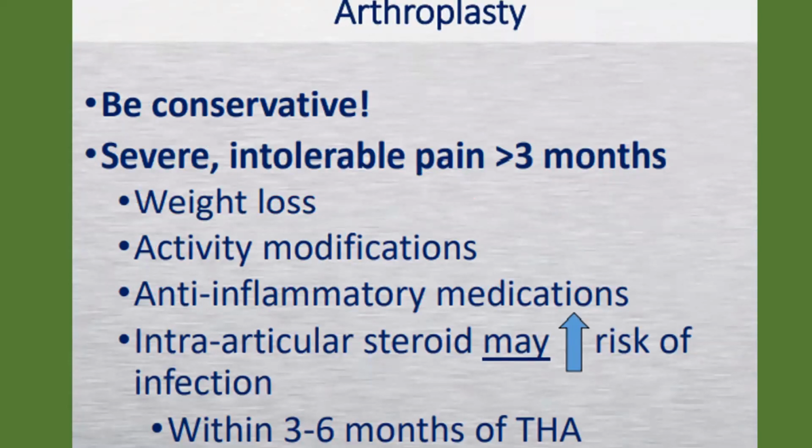Now, if you have a DDH and the patient is being treated conservatively to reach a certain age, at times the pain will become so severe, even though you ask the patient to lose weight, you ask him to limit his activity, you ask him to take anti-inflammatory medications, you give him intra-articular steroids. But when I give intra-articular steroids in the hip, I worry.